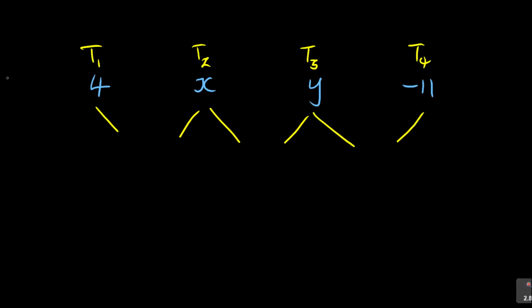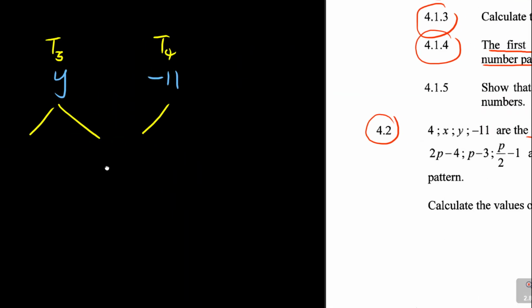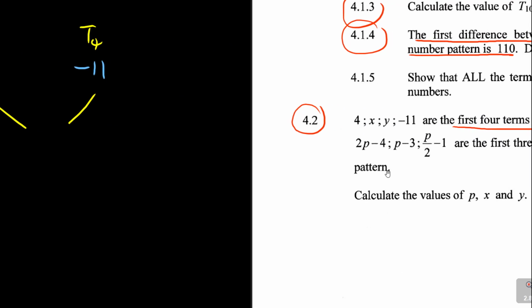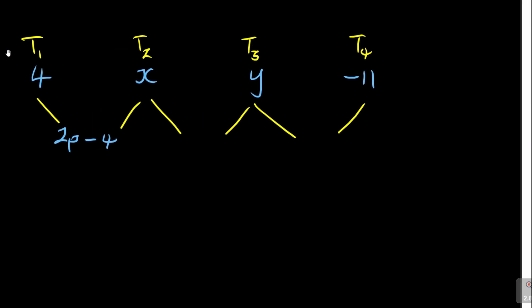So here, that's the answer that I got. If you subtract these two, you get 2p minus 4. That's the first one. And the second one is p minus 3.